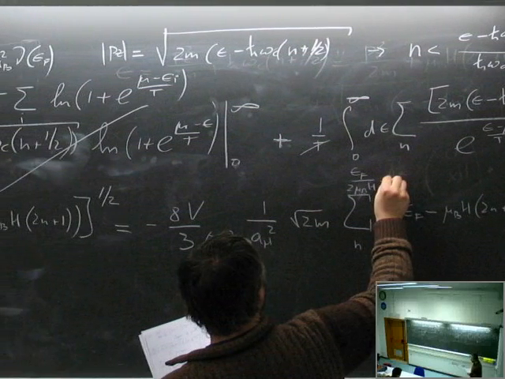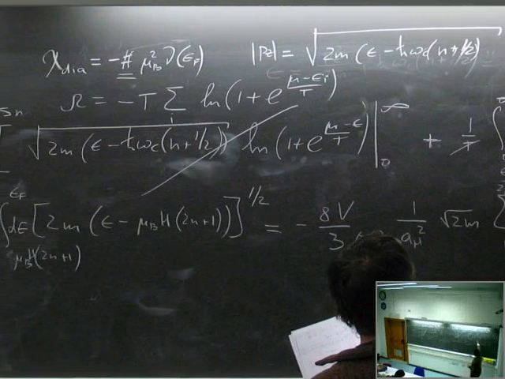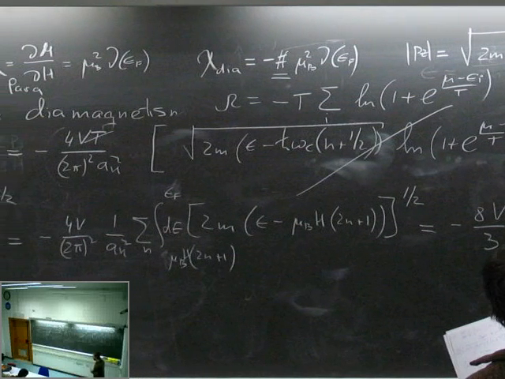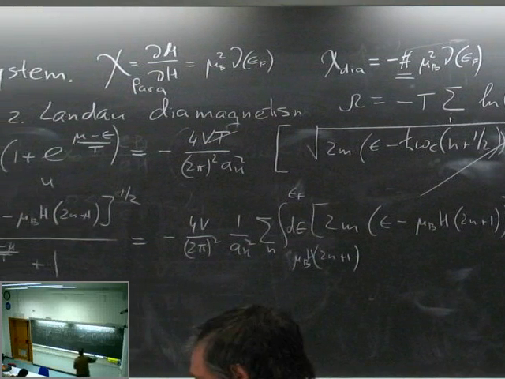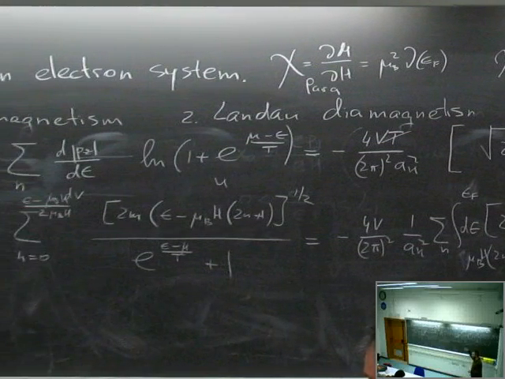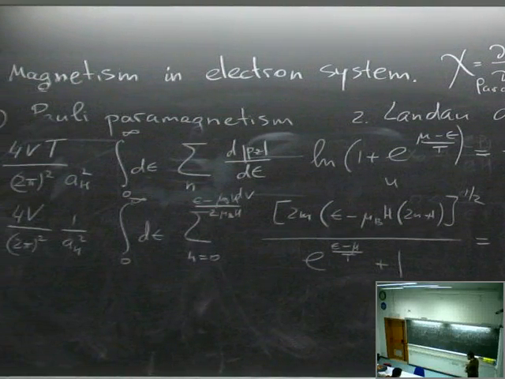So as I said, the magnetic field is so small compared to Fermi energy that I can replace upper limit by infinity, and also discretization of level associated with magnetic field is so small compared to Fermi energy. So I can replace summation by integration.